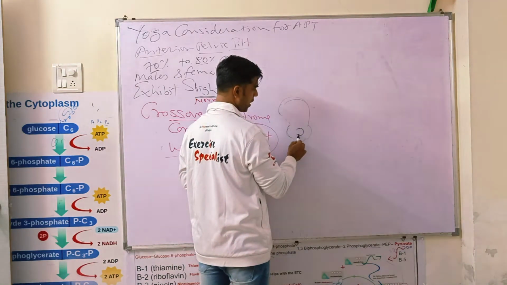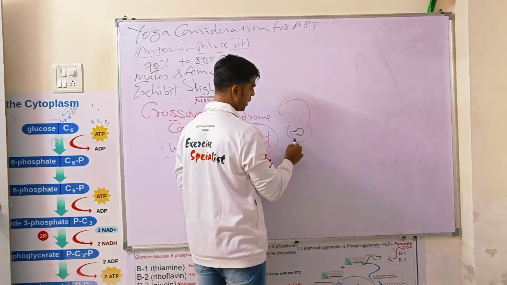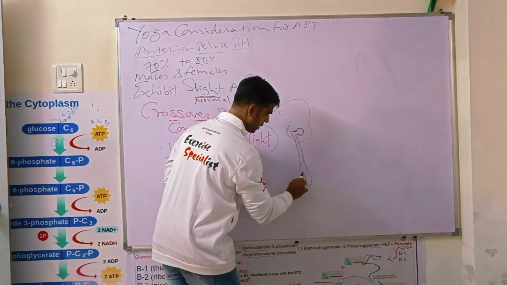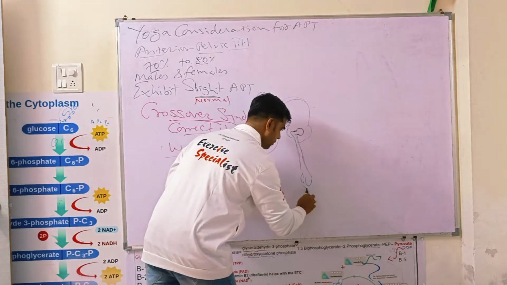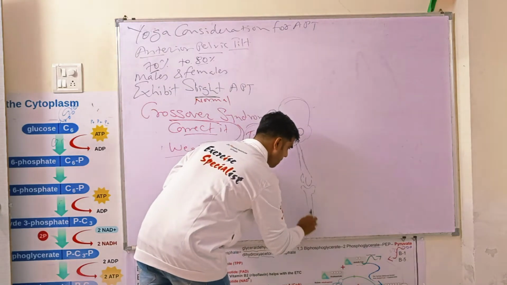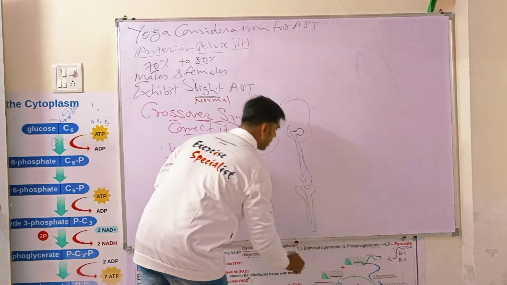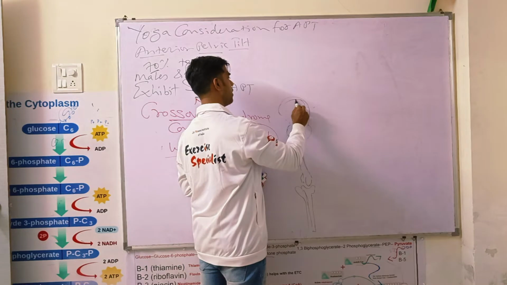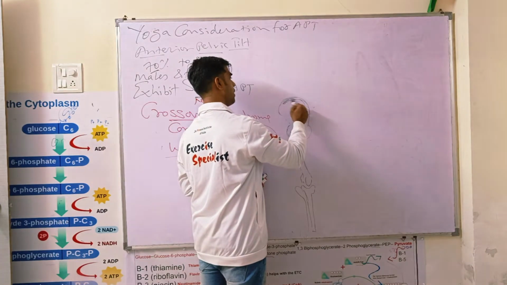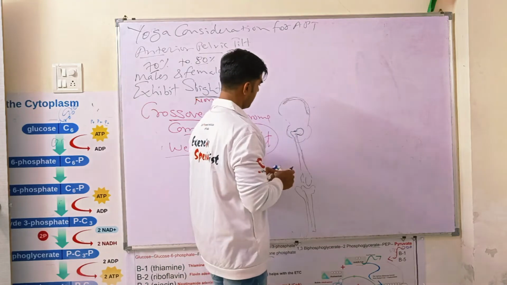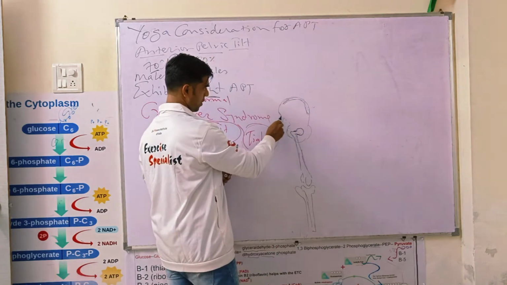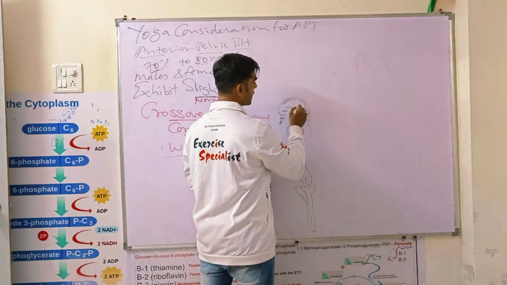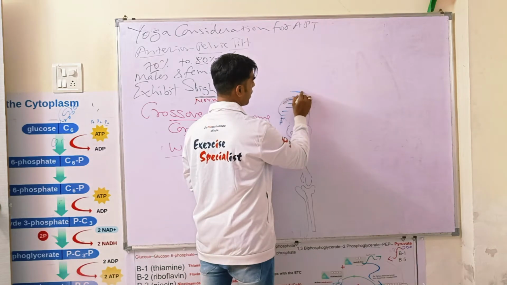This is your femoral head, then neck and the greater trochanter. This is your femur, which is lateral view. Here is your tibia and then fibula. This is your iliac crest. We have coccyx here, then sacrum, and then we have lumbar region.